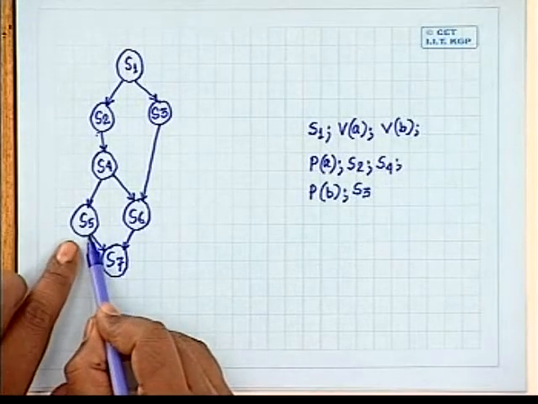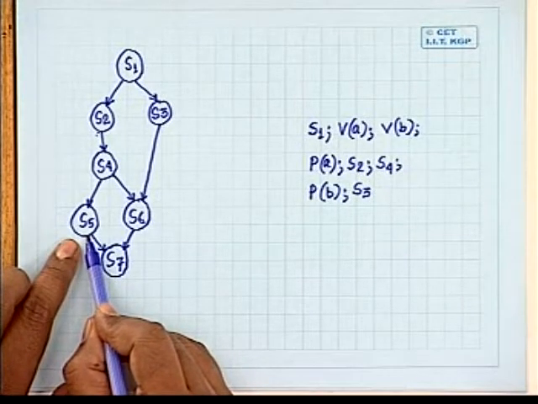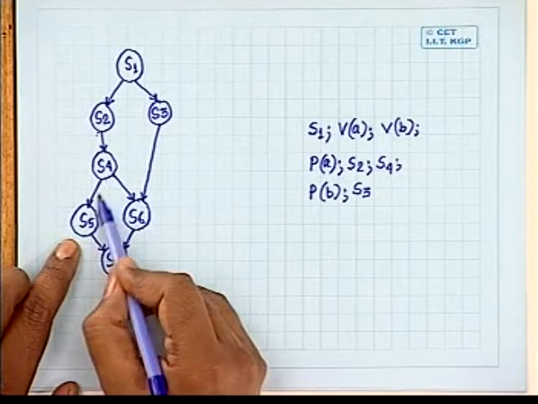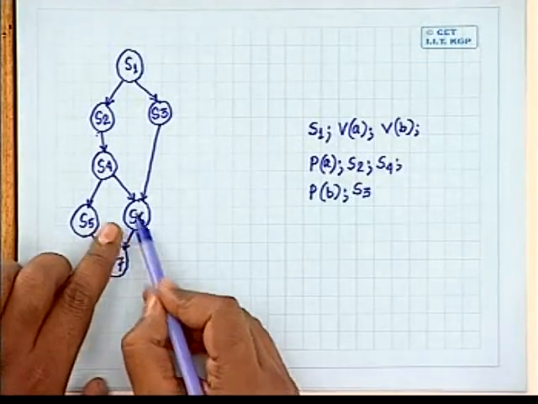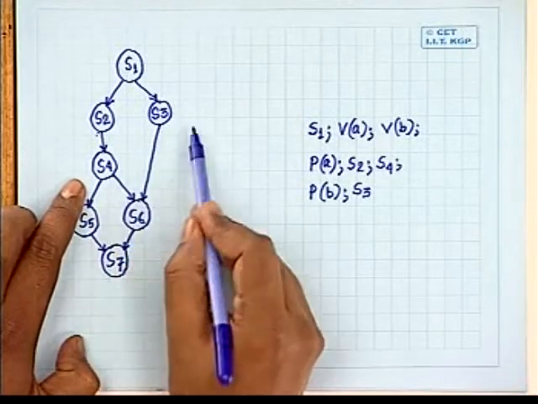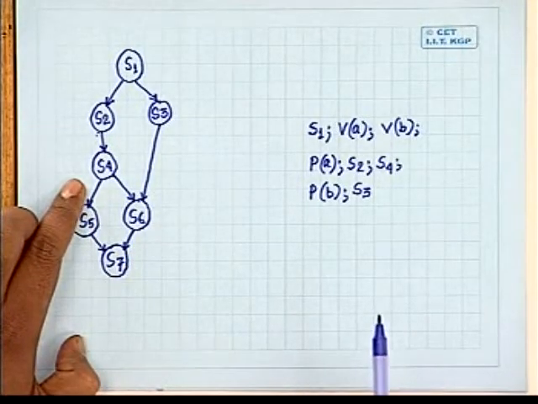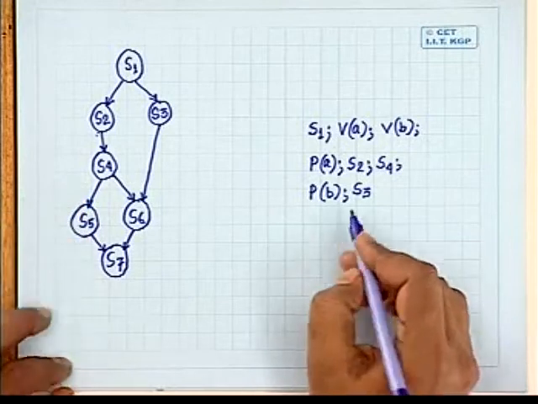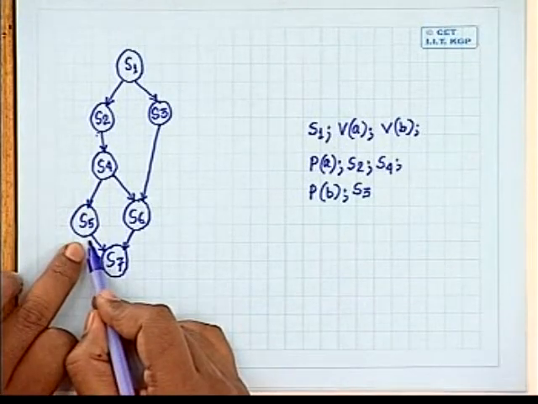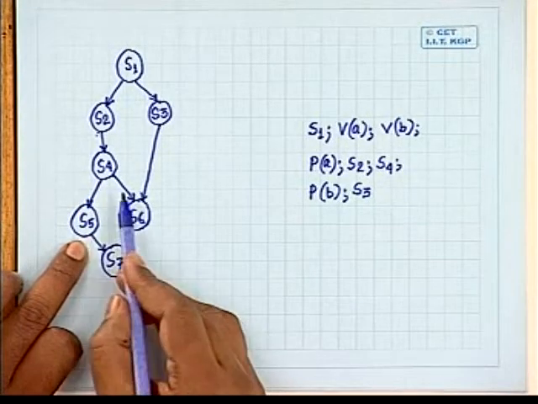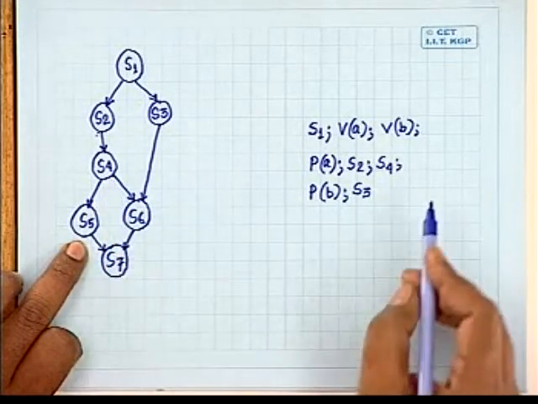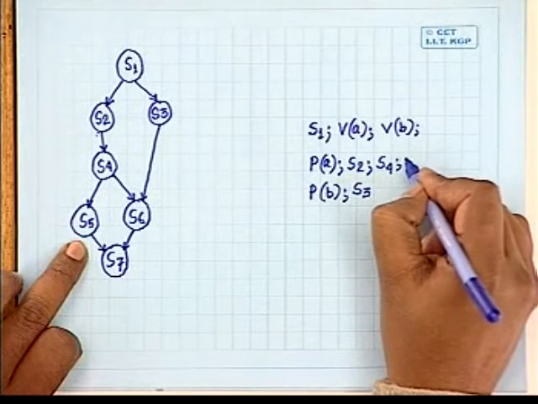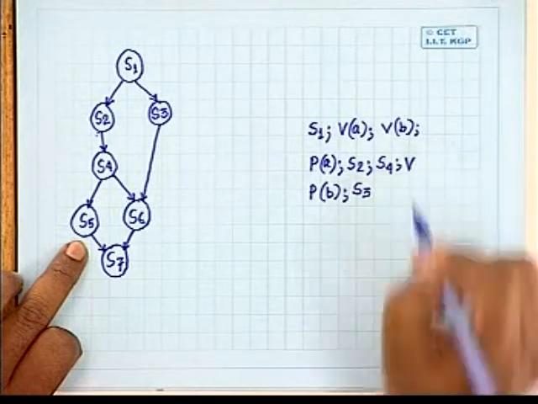Then you find that execution of S5 depends upon the execution of S4. S6 depends upon the completion of S4 and S3. Okay, so S5 has to execute after completion of S4. That means here I can put one more semaphore operation.